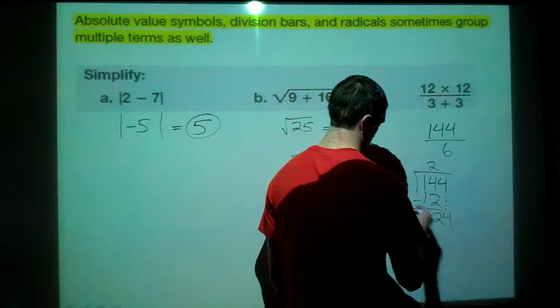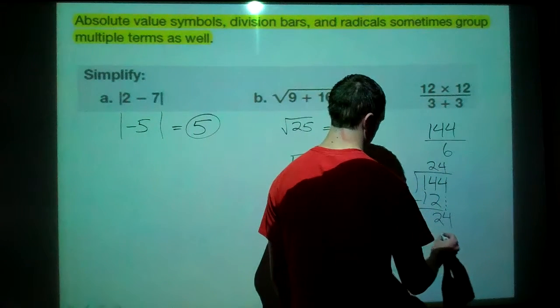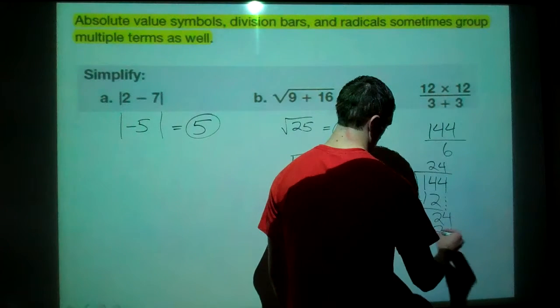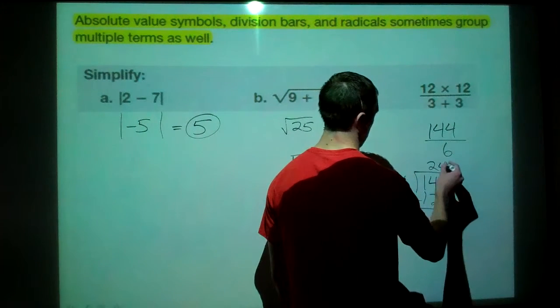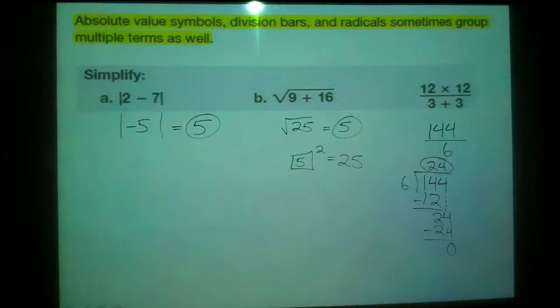Drop our 4 down. 6 goes into 24 4 times. So we would get 24 for our answer on that one. So those are some other ways to group things together.